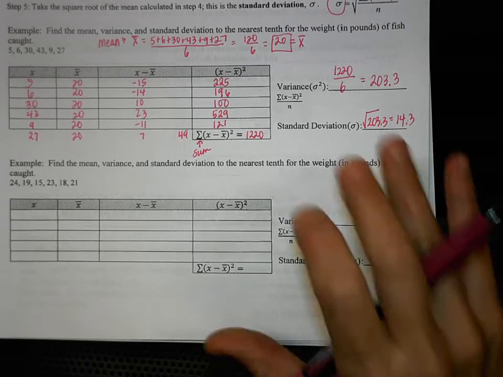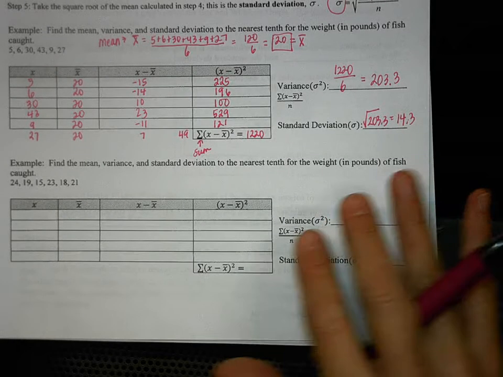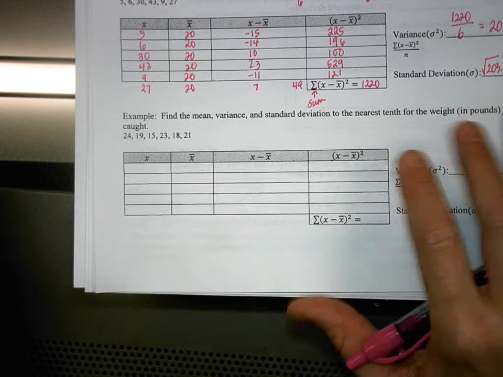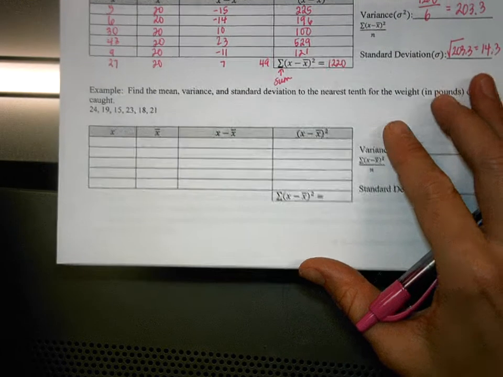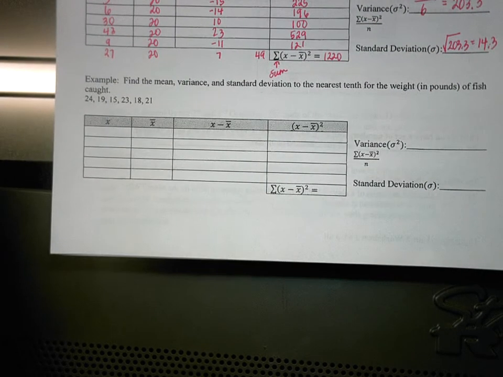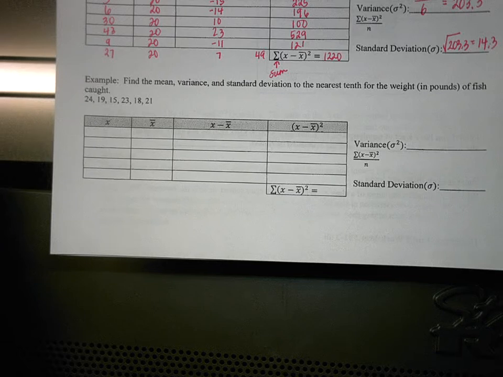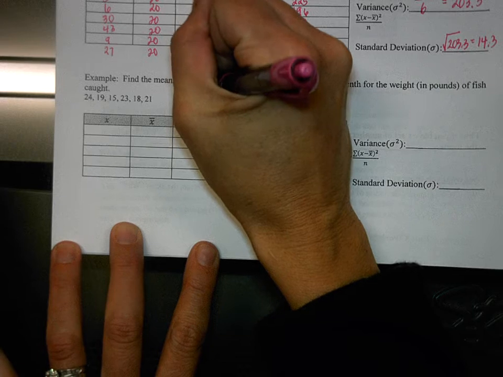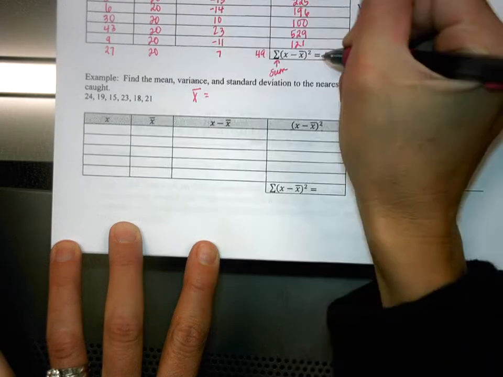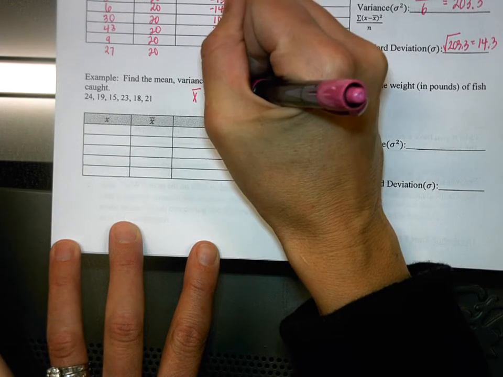So we're going to do the same thing now for a different set of data. And the first thing we always want to do is find the mean. So let's go ahead and find the mean. And so that is our x bar. We add up all those numbers together.